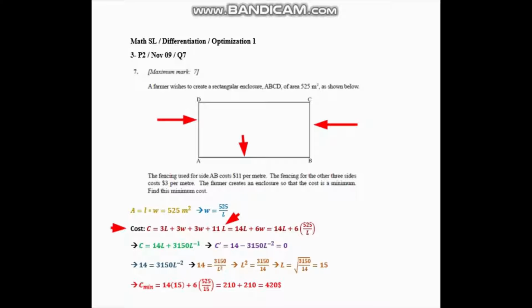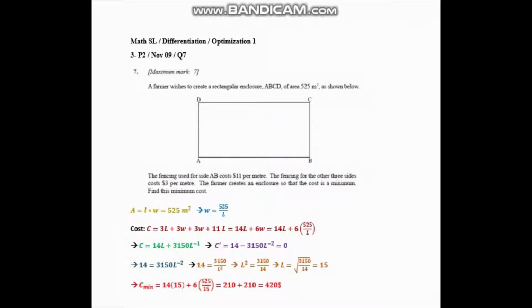It shall cost $3 times the width, whatever the value of the width is. And finally, for the fourth side, it shall cost $3 times the length, because this is a length, not a width, and it costs $3 per meter to fence. Hence, this side shall cost me 3L to fence.